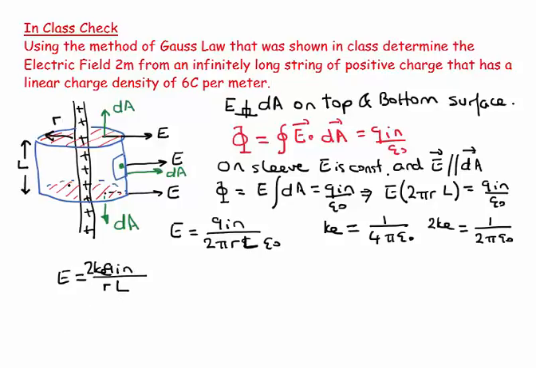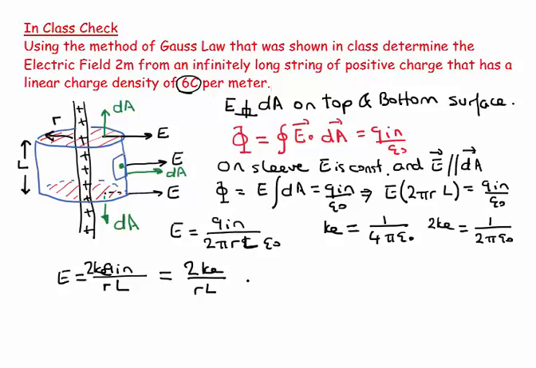Q inside, I've got to try and get some kind of value for Q inside. And if I think about it, if I know the linear charge density and I know the length, then I can figure out how much charge is inside. So this equals 2Ke over RL.